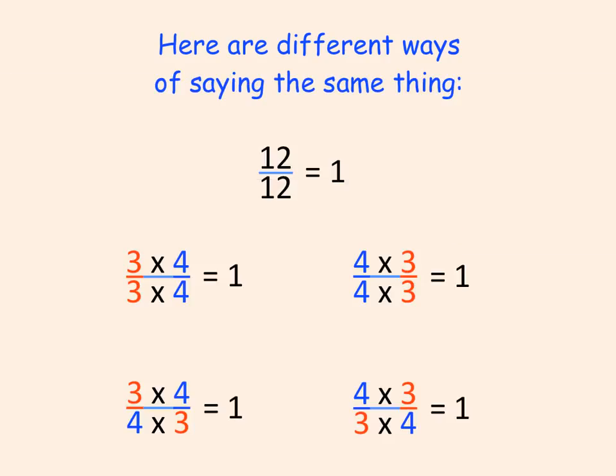Here are some different ways of saying the same thing. First example, 12 divided by 12 equals 1, or 3 times 4 divided by 3 times 4 equals 1, 4 times 3 divided by 4 times 3 equals 1, or you can get creative and switch the numbers around. Bottom left, 3 times 4 divided by 4 times 3 still equals 1.